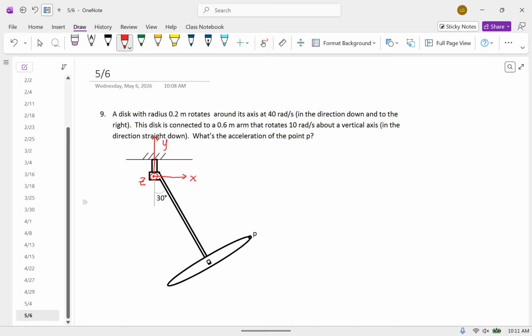The cowboy is the disk, because if you move the top piece to a different angle, it changes the axis of rotation of the disk. That's how you know. Vice versa, it doesn't work the opposite way. So this thing is the horse, and this thing is the cowboy.